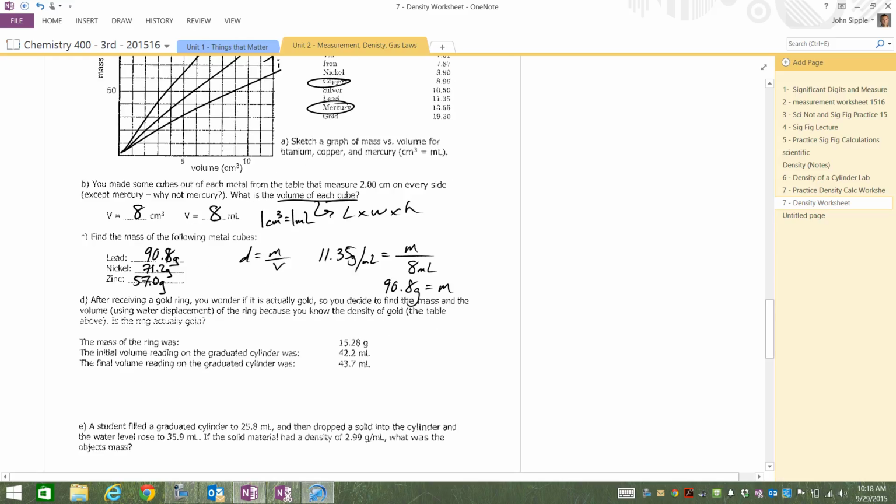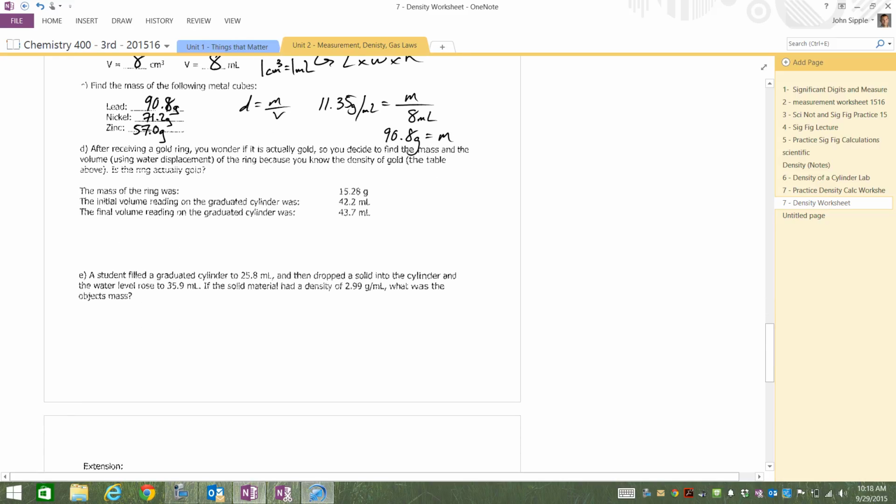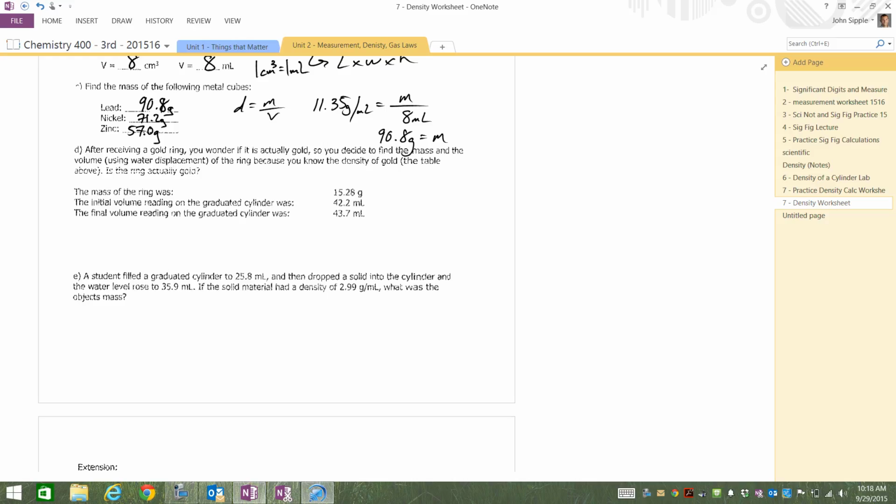All right, so the next question is very similar to when I give you the nuts and bolts, same deal, right? Use water displacement, just like the Archimedes principle stuff here. So we've got our mass of our gold ring, check. And you put the ring in the graduated cylinder. Initially, it's 42.2. You put the ring in there, then it's 43.7, so it's got a difference of 1.5 milliliters.